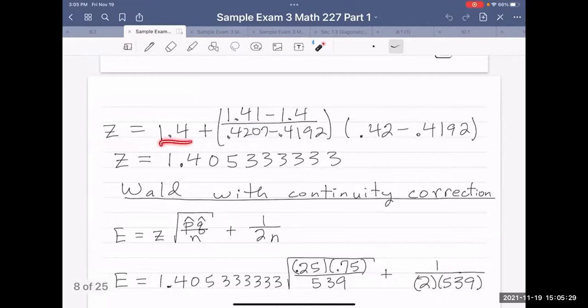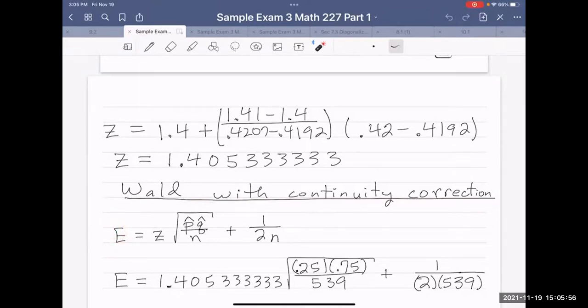And so z is 1.4 plus 1.41 minus 1.4 divided by 0.4207 minus 0.4192 times 0.42 minus 0.4192. So you get that z is equal to 1.40533.